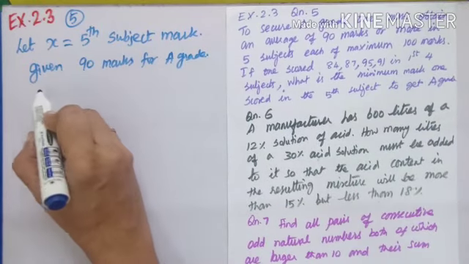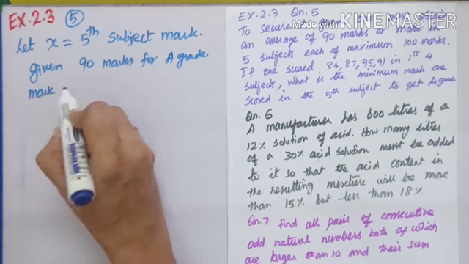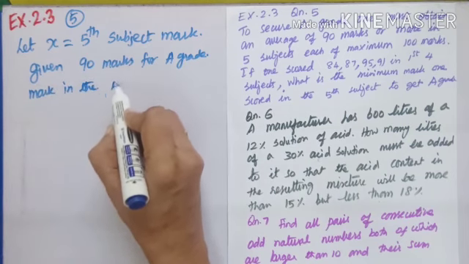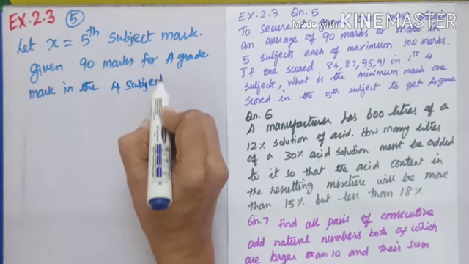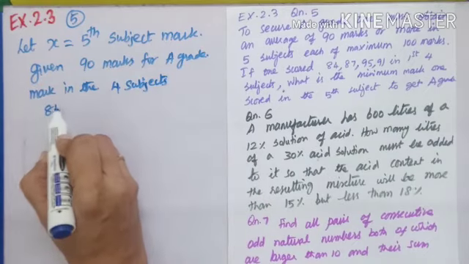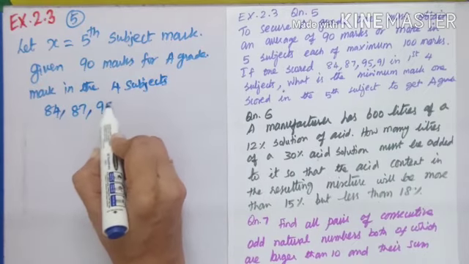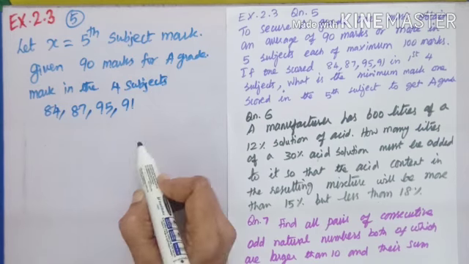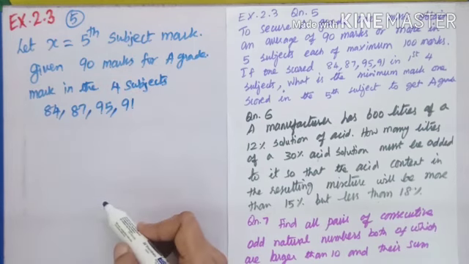So marks in the first 4 subjects, what is all given to us? Let us list it out: 84, 87, 95, 91. 5th subject we have taken as x.